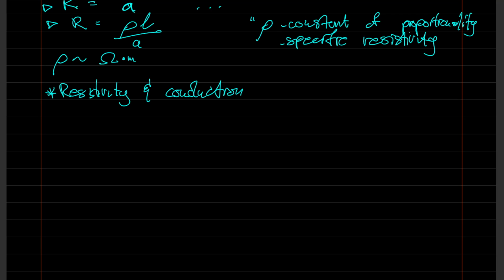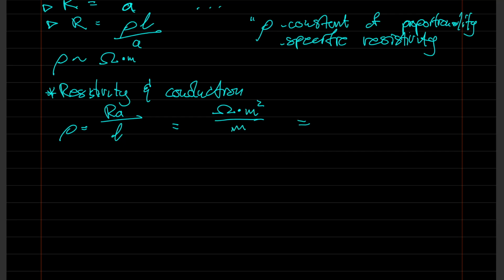But how did we get to these units? Well, if I make rho the subject of the formula, it is R times A over length, which means it's ohms multiplied by meters squared divided by meters.